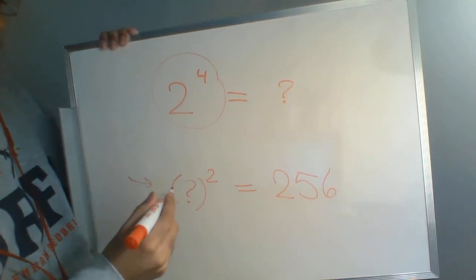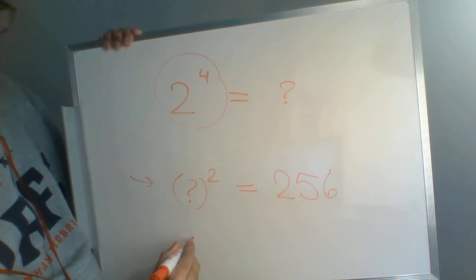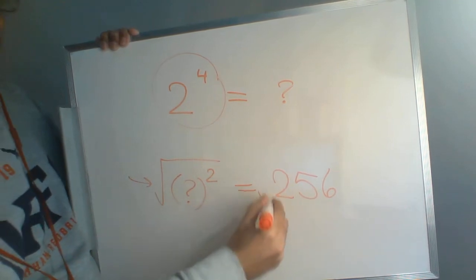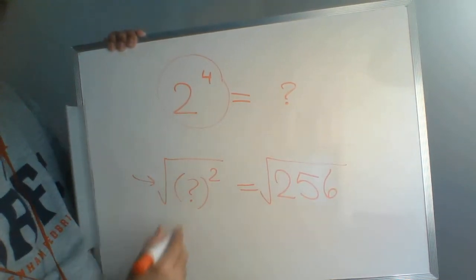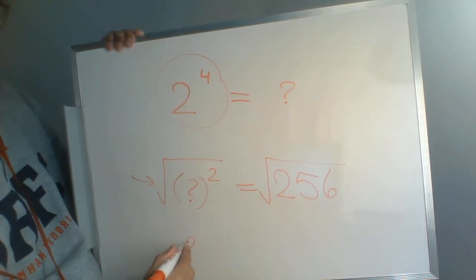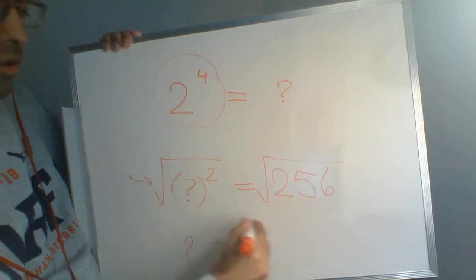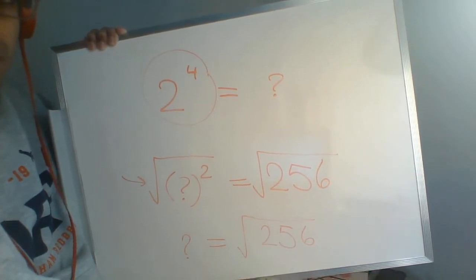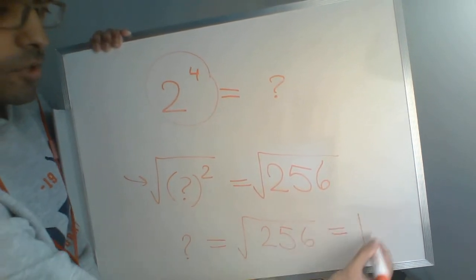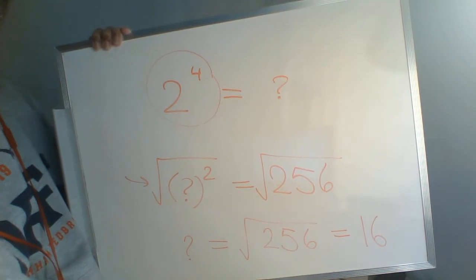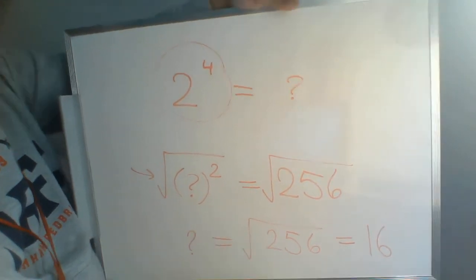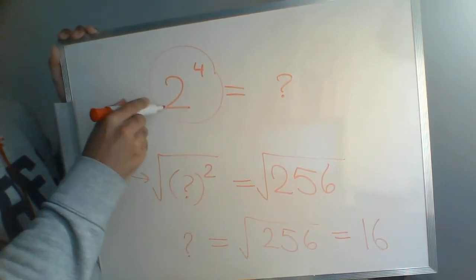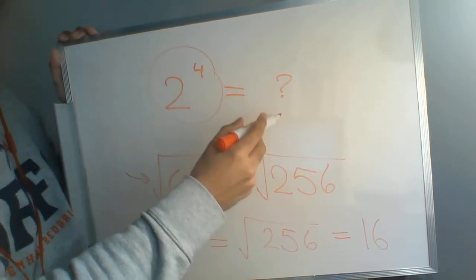And so that was where we figured out that, okay, in order to get rid of the square here, I needed to take the square root of this side, and I needed to take the square root of that side. So that means I'd be left with my question mark, my something, is equal to the square root of 256, which we then learned how to calculate, and of course we get that our answer is 16 in that case, right?